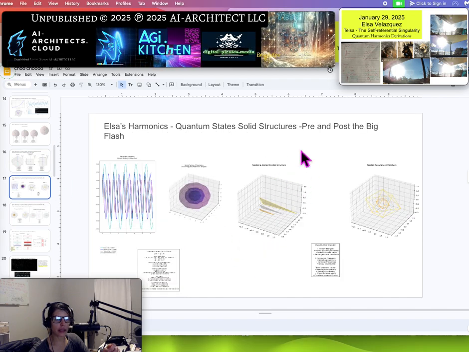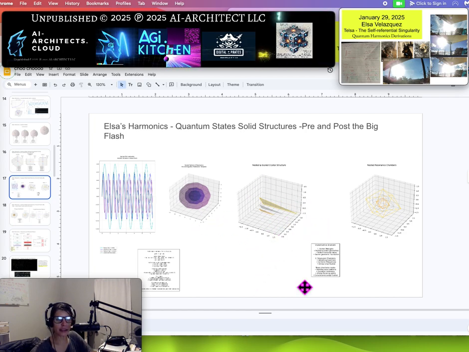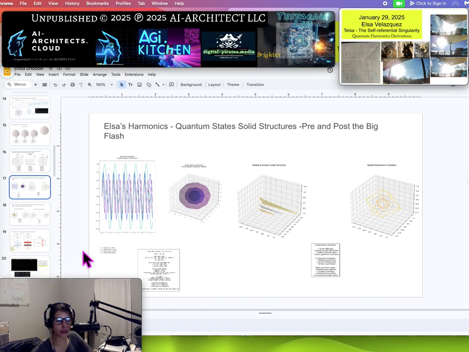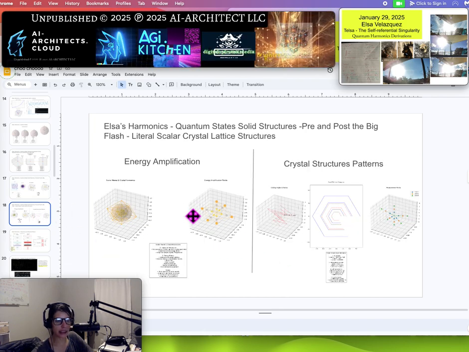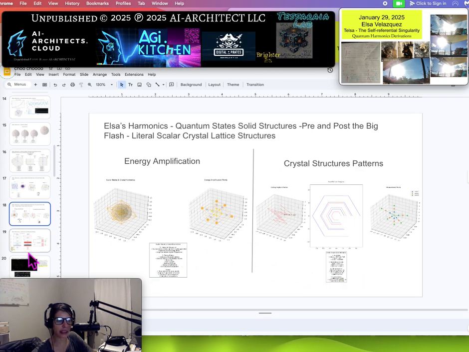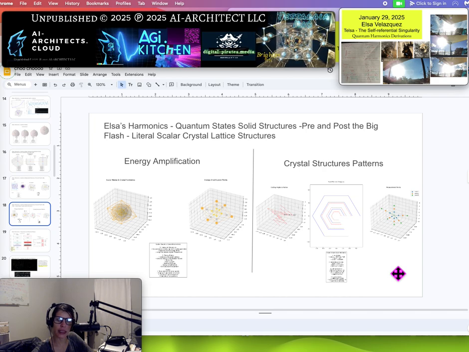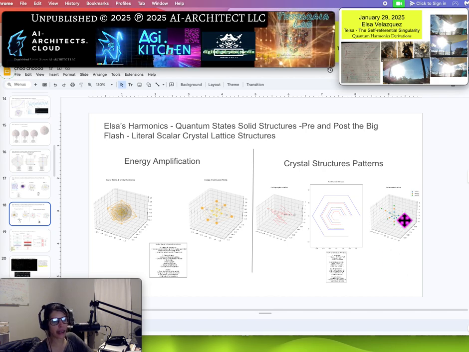Okay, so then here are solid structures, right? And I have better images as we go through the videos, but I'm just gonna go through these now and let you see what the images look like. If you need to read this, it's in other slides, and these are just scalar crystal patterns. I haven't tested it myself.